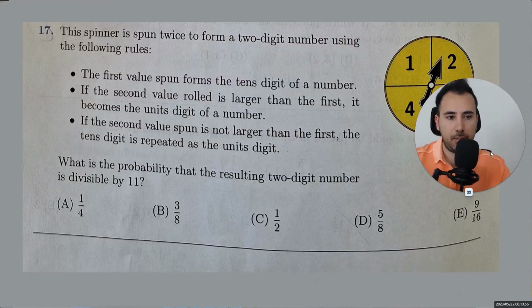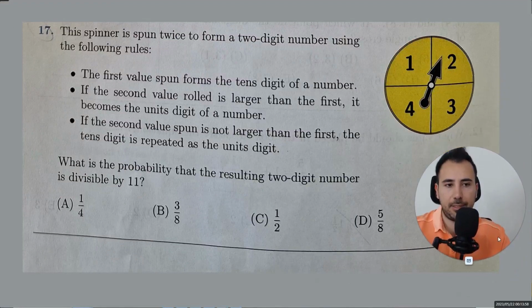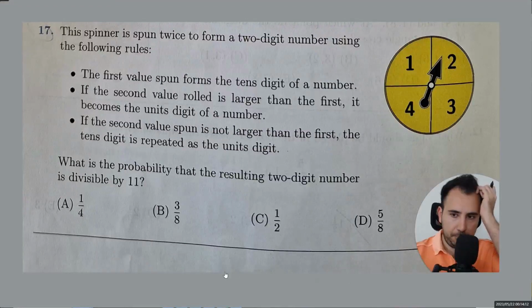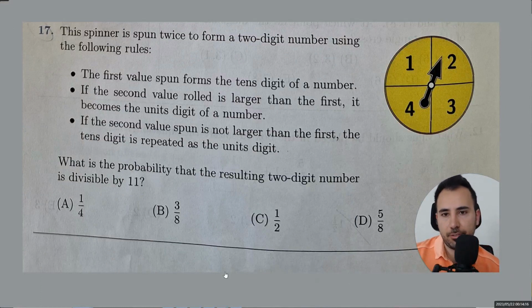Okay, so I'm blocking one of the options is 9/16. Okay, this spinner is spun twice to form a 2-digit number using the following rules. The first value spun forms the 10s digit of a number.